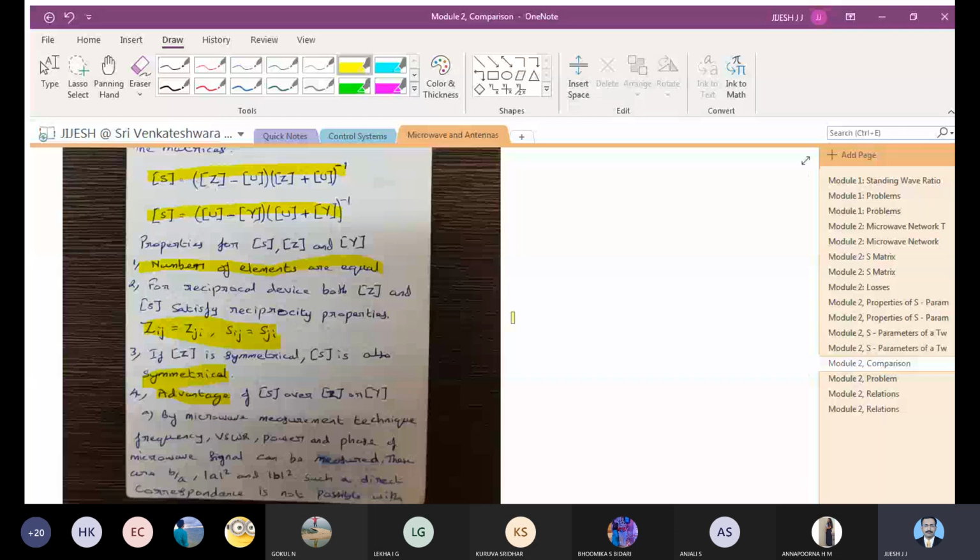And when I go with the advantages, S has more advantage compared to Z and Y, because we deal with the reflection and transmission coefficients, that is A and B. So it is easy to measure the frequency, VSWR, power, and all these components in the case of S parameters. So we will further move on.